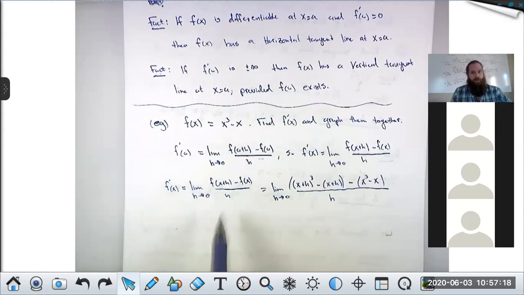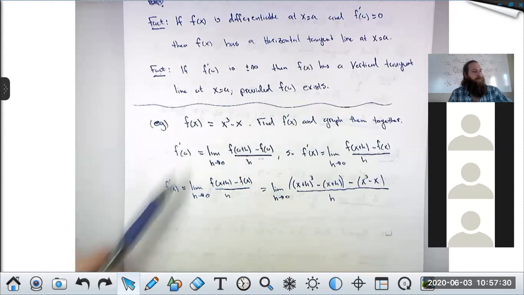Because I intend to graph them on the same coordinate axes, I want to use the same variable for both. It's just a label. A rose by any other name smells just as sweet. Well, f prime of a gives me the exact same information as f prime of x. Does that help? With practice, it would make more sense.